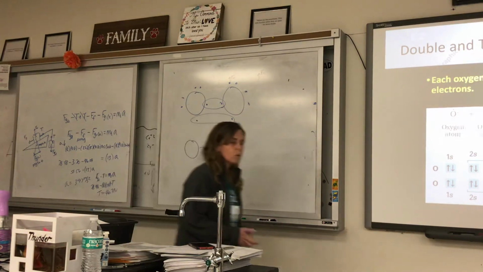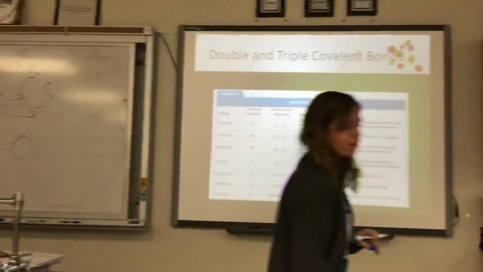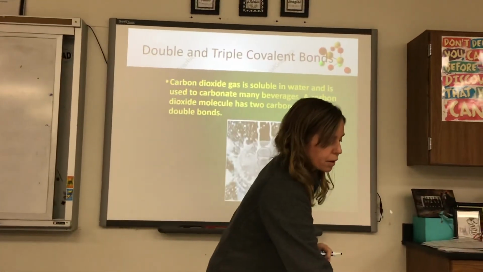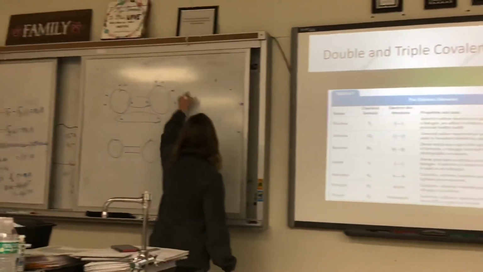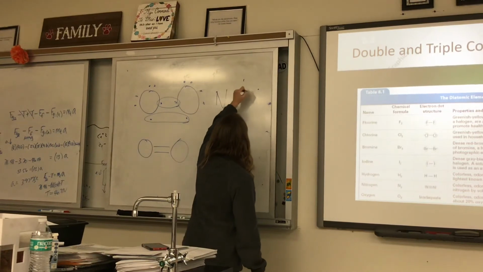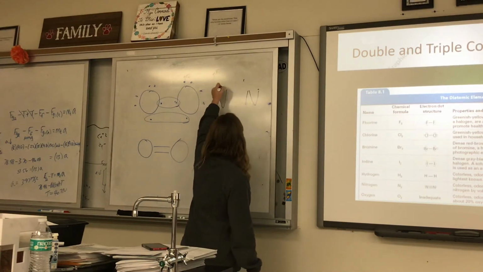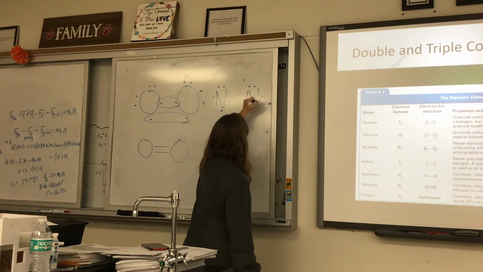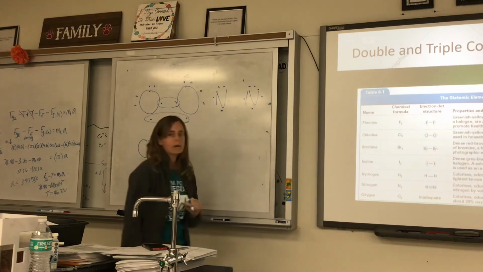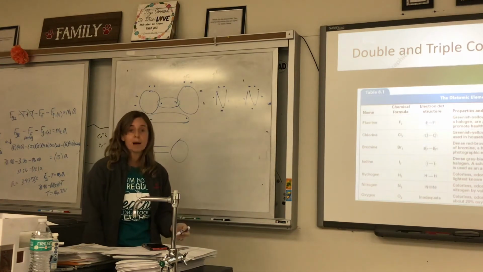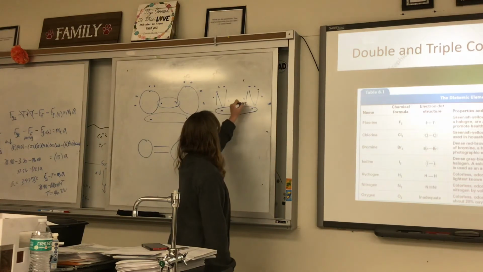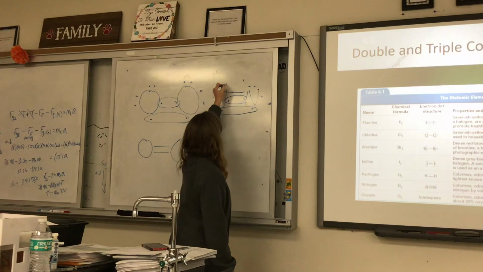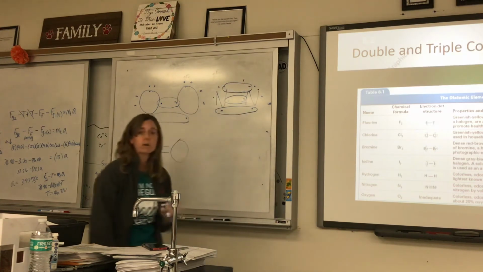Now, what if we wanted to have a single covalent, or excuse me, a triple covalent bond? Okay? So for a triple covalent bond, let's look at nitrogen, N2. N2 has 2 nitrogens, but nitrogen only has 5 valence electrons, okay? So if you only have 5 valence electrons, they're going to share 1, 2, and 3, okay?